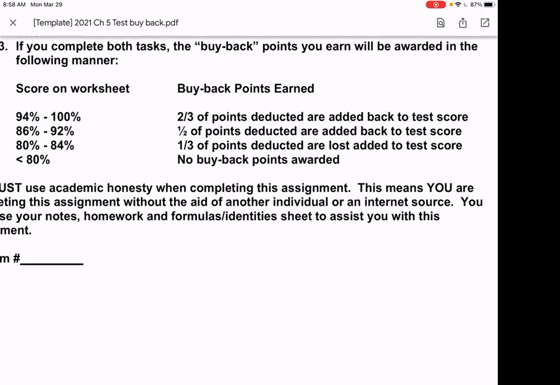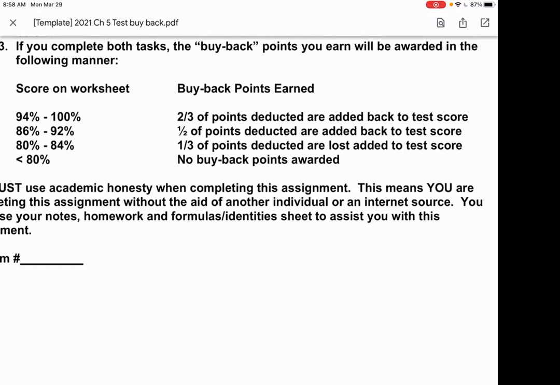So if you missed 10 points, I would add 2/3 of those 10 points back to your test score. If you receive an 86 to a 92%, it's out of 50, so that's why my numbers are a little different here, you'd earn half of them back. An 80 to an 84, you'd earn 1/3 of those points back. Anything less than that, you don't receive any points.